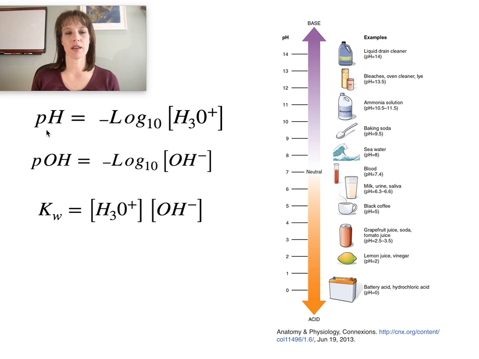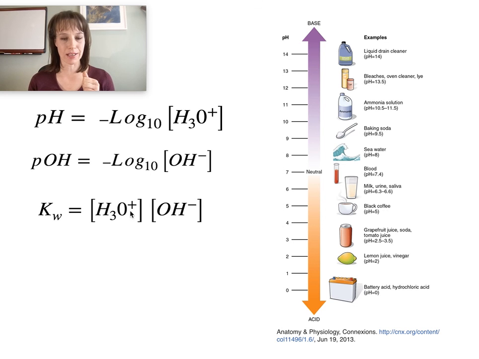We found out that the equation for pH is pH equal to the negative log base 10 of the hydronium ion concentration. Again, hydrogen does not exist in solution. It actually bonds and becomes the hydronium ion. pOH is the negative log base 10 of the hydroxide ion concentration. We don't generally look at that, and we can know the relationship between the hydroxide ion and the hydronium ion by the ionization constant of water.